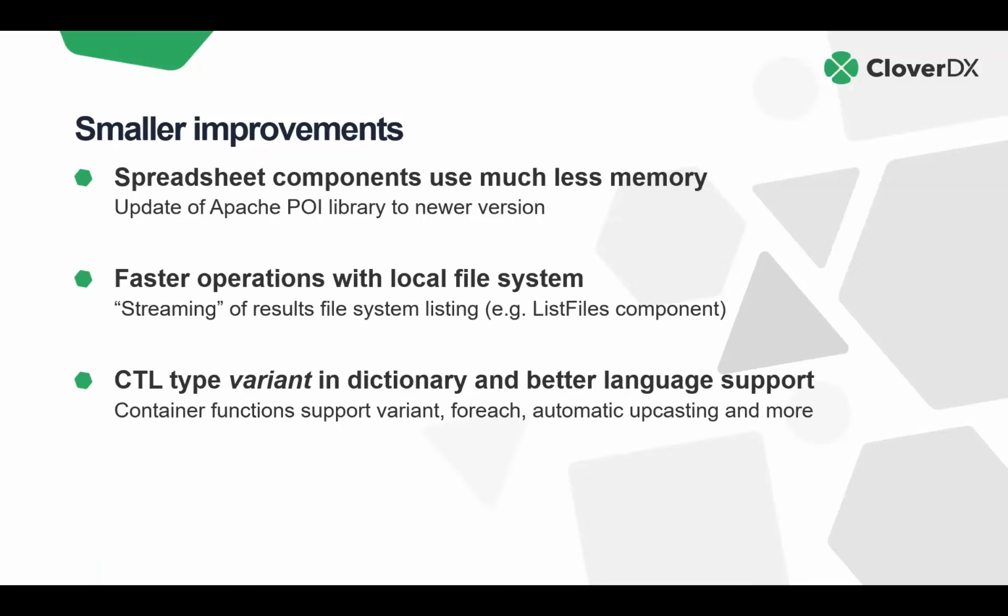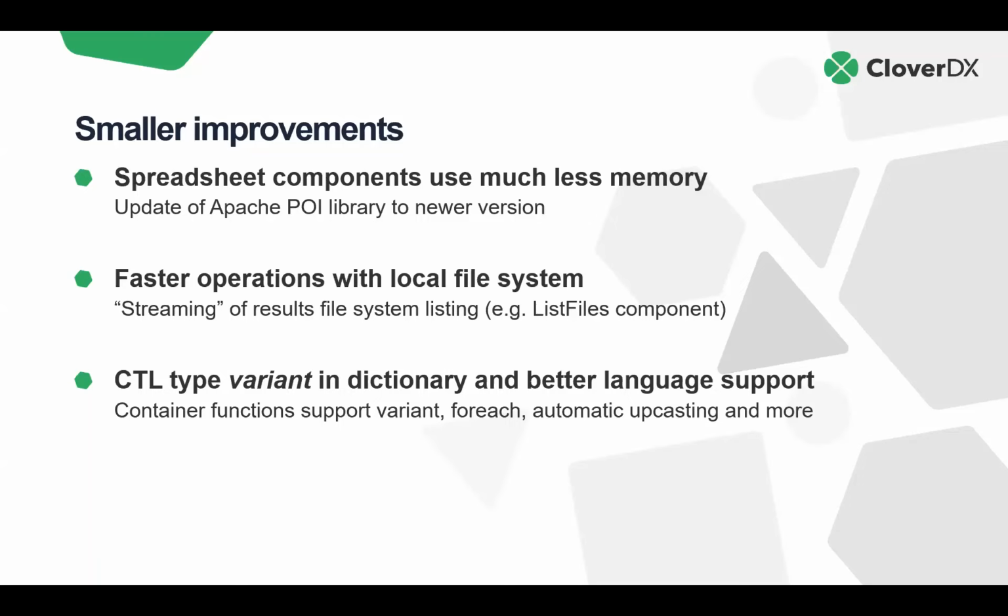In this version, we added streaming operations for local file systems, meaning that when you have directories with lots of files, tens or hundreds of thousands of files, the list files component and any other component that requires listing of the directory content will be working much faster, because querying the list of files from a directory is no longer a blocking operation, but rather it works in chunks and submits the results in chunks to the next stage of the process. So you can see quite nice performance improvements from this one.